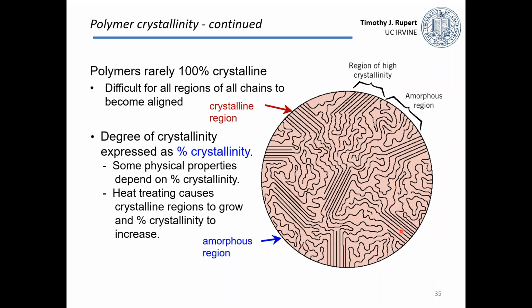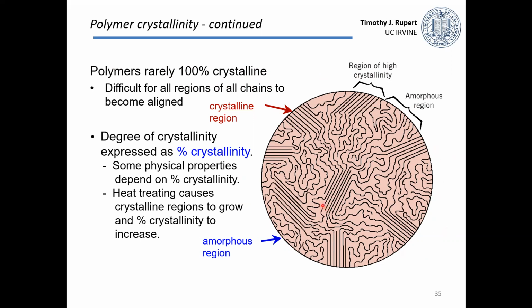Because those polymer chains have to align with each other to give a crystalline structure, one difference of polymer materials is we typically do not have materials which are 100% crystalline. The real way that polymers form is shown in this visualization on the right here.